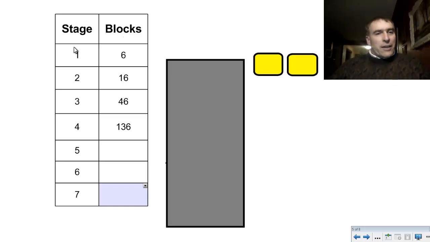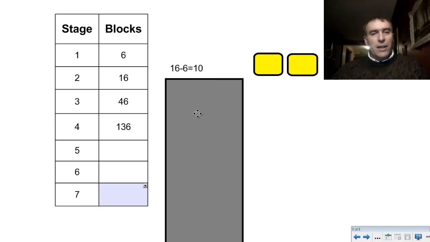Here we've got the stage of the problem, so we're going up to 7 this time, and we've got the number of blocks. So in the first section we've got 6 blocks, then we go up to 16, 46, and 136. What operation did I say that we should use to solve these? Subtraction, right. So we take 16 and we subtract 6.